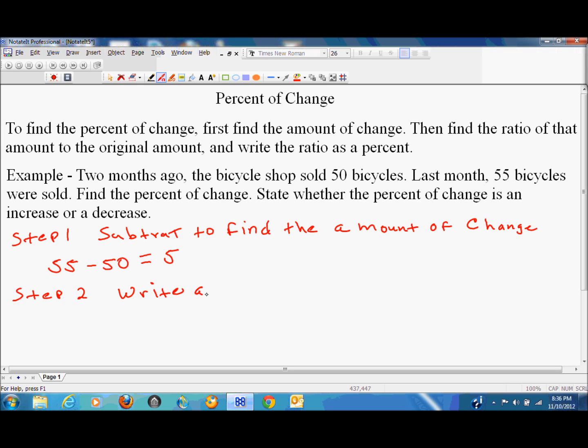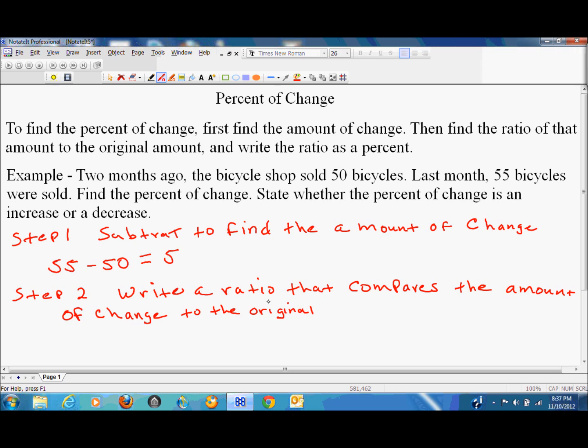We want to write a ratio that compares the amount of change to the original number of bikes.